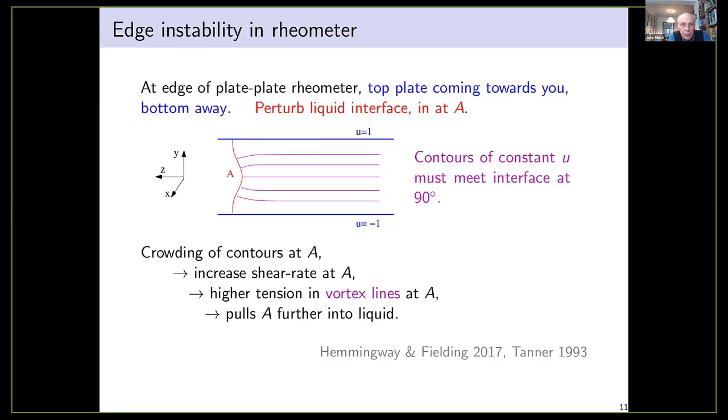Now, here's another phenomenon that Roger Tanner came up with the first explanation for. Well, nearly did. Peter Olmsted revisited this a few years ago, and it was Suzanne Fielding who gave the first sensible linear stability analysis and a big numerical nonlinear analysis. So what is happening?